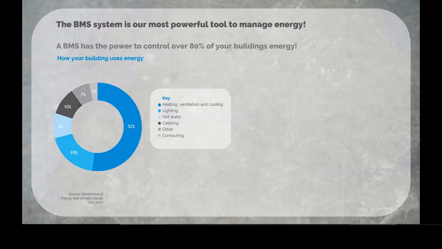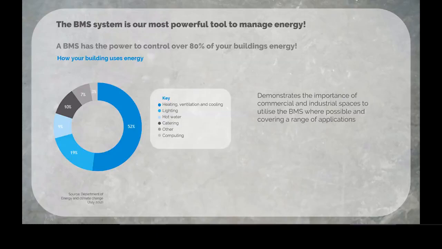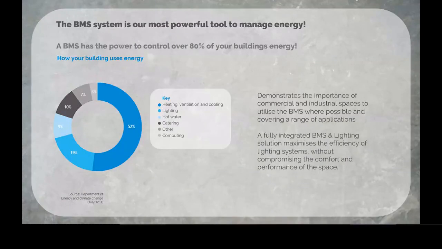In reality, heating, ventilating and cooling is 52%, 19% is attributed to lighting. You have hot water 9%, with the next 20% being catering, other and computing. So that's quite an amount of energy that can be under the dictates of a BMS system. So the message here is to try and get as much data and information from your systems onto the BMS system, and we'll go on to why that's important shortly.